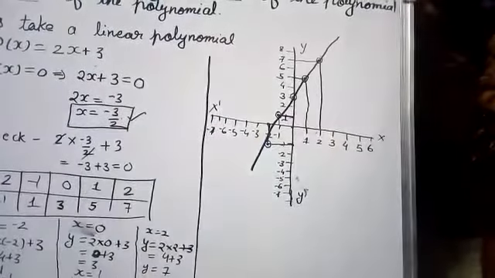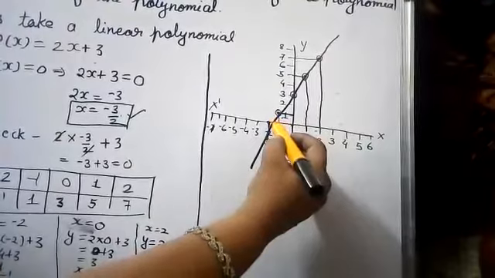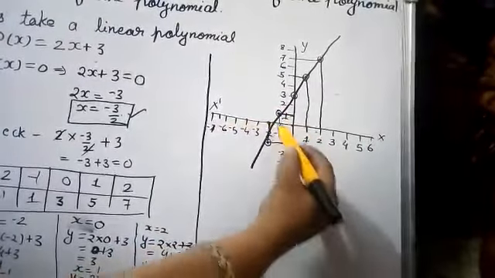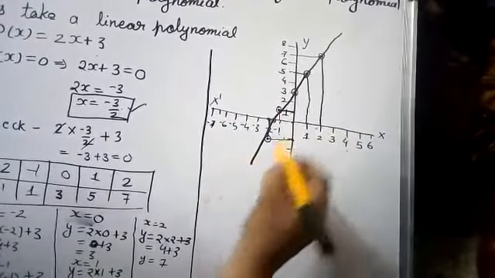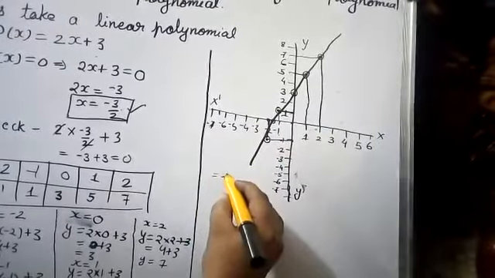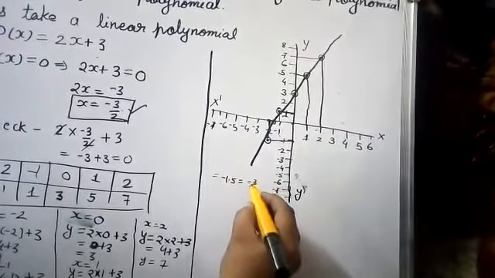Here we can see the graph is intersecting the x-axis between minus 1 and minus 2. What will be the coordinate? Minus 1.5, that is minus 3 by 2.